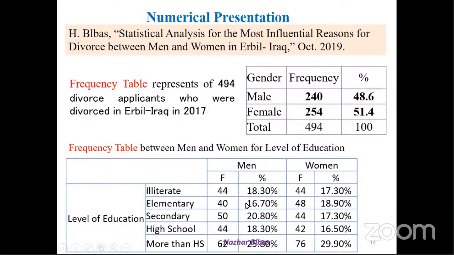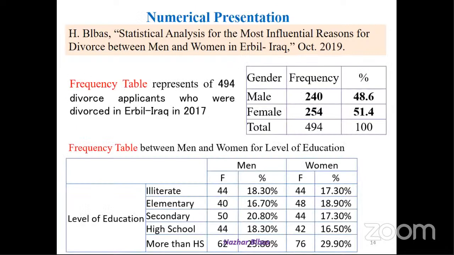For elementary, the percentage of females is higher than men. For secondary, the percentage of men is higher than women. For high school, the percentage of men also is higher than females who got divorced. More than high school, the percentage of women is higher than the percentage of males who got divorced.